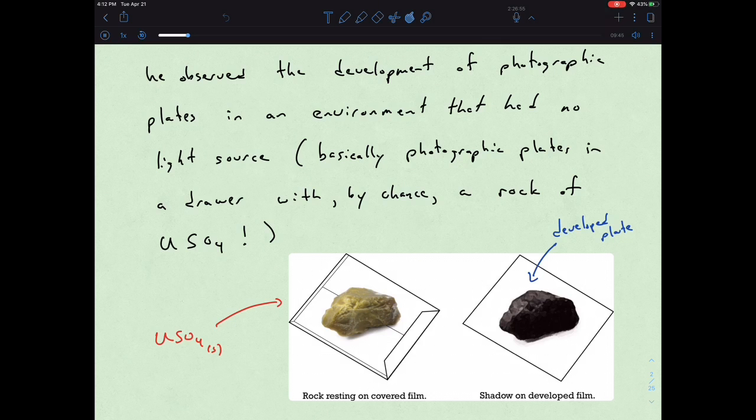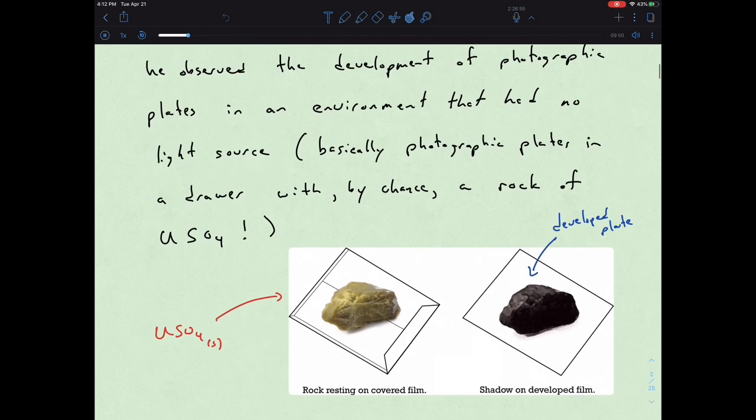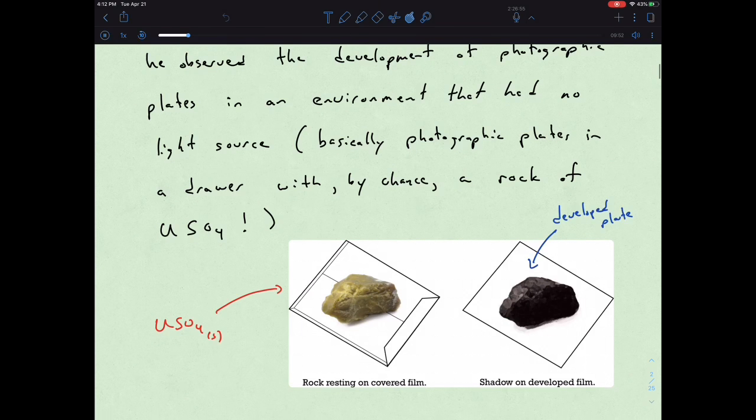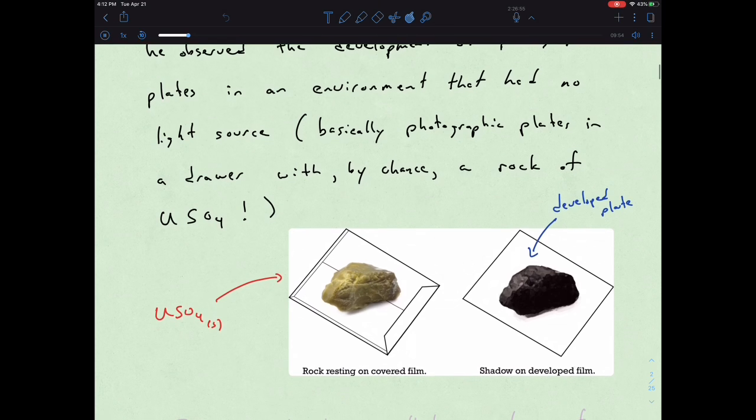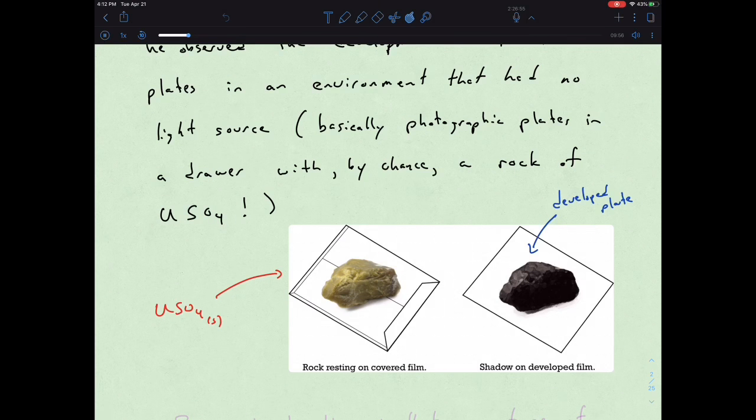So that means that something had to have been happening here, because in order for a plate to be developed, it needs to be exposed by some type of radiation, such as light or X-rays or what have you. That was really Becquerel's interest, this idea of X-rays.